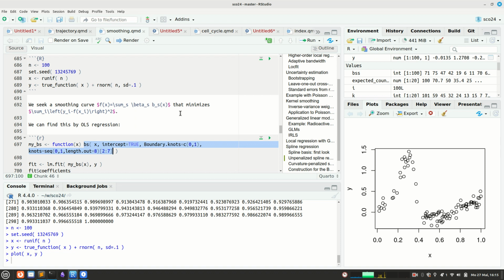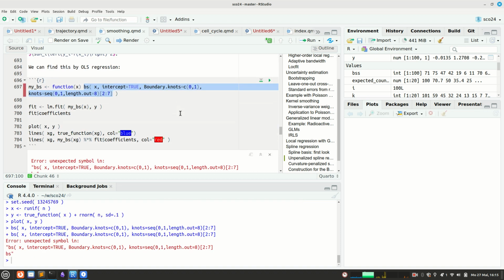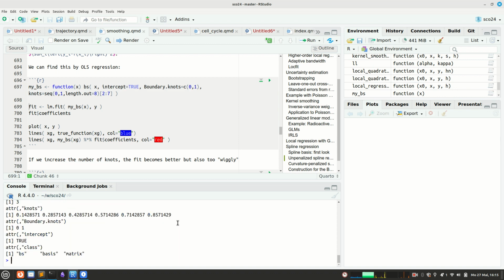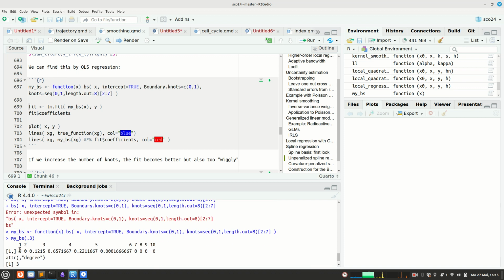I now calculate my spline basis at these points. And when I have this function mybs, it takes an x, and if I say mybs 0.3, this function calculates each of these basis functions and gives us: the first basis function has 0, the second has 0, the third has this.